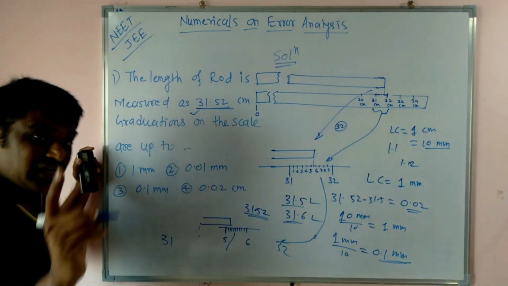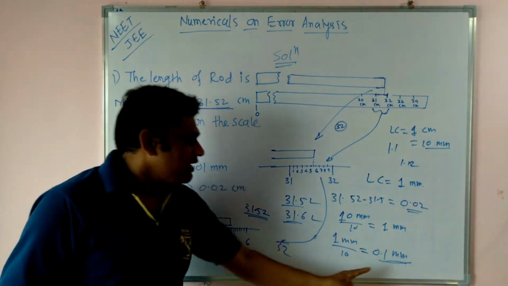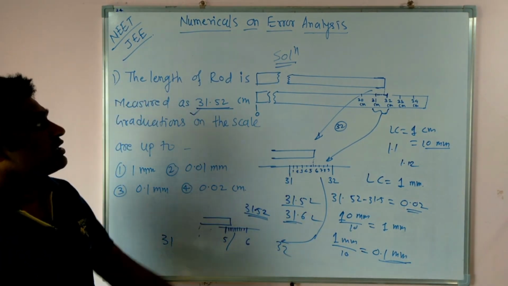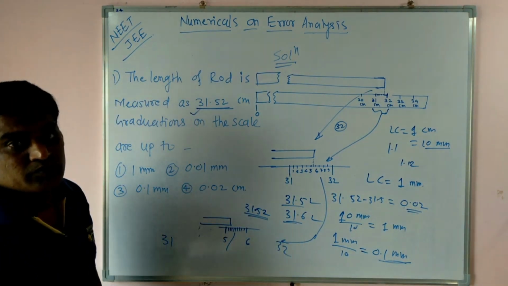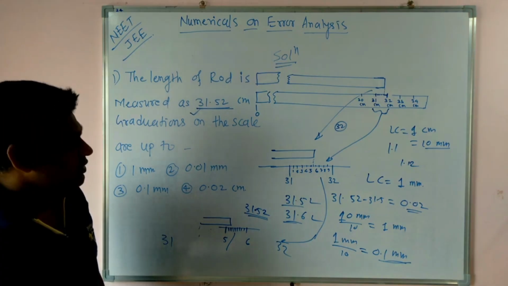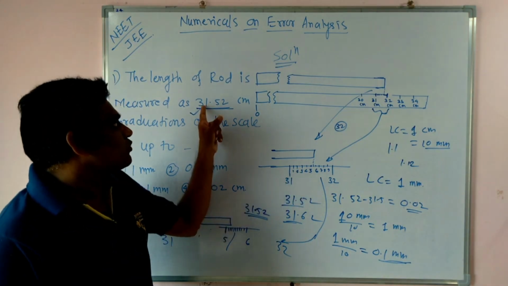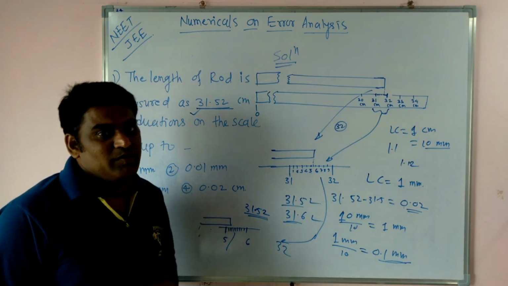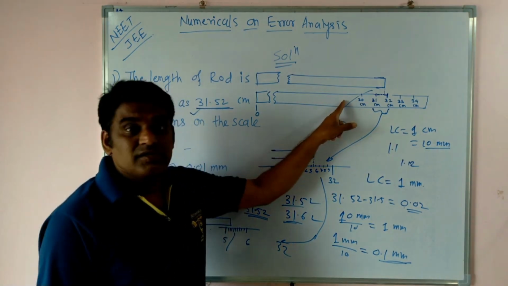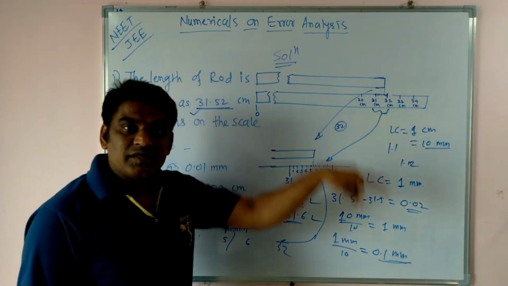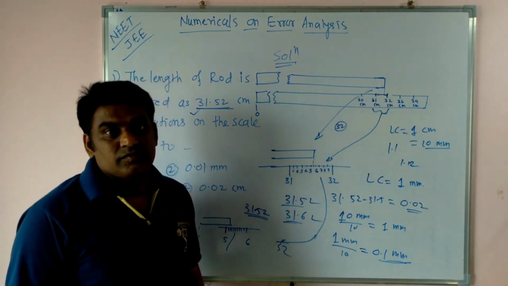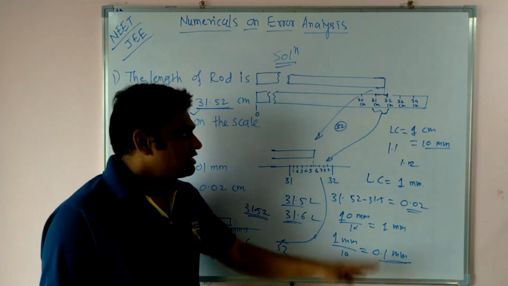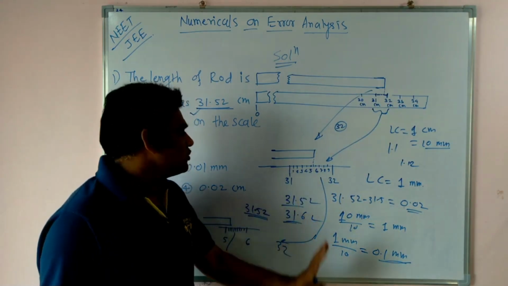So the smallest graduation needed on the scale is 0.1 millimeter, so that we can measure this length 31.52. Otherwise not possible. If this is the scale, we can measure up to 31.5 only, up to 1 decimal place. In this case, we can only measure 31 centimeter or 32 centimeter. In decimal, we cannot measure. That is the meaning of least count, smallest reading, graduation, everything.